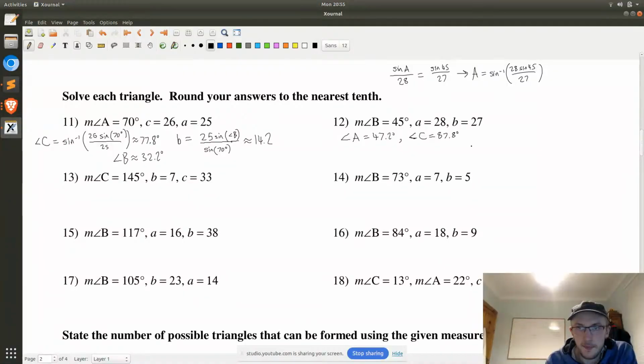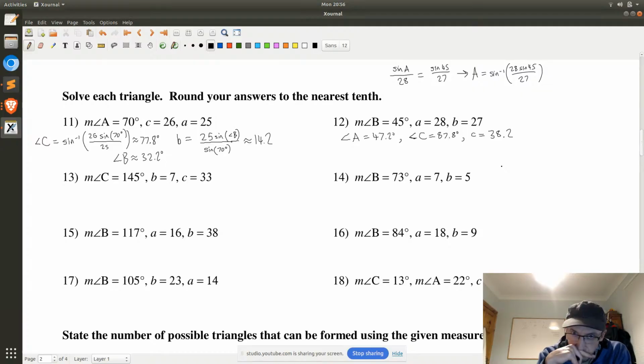That's to the nearest tenth. Then we need side C. Side C over the sine of that answer that we just obtained is equal to, use the information that we've already got. 38.2. It's one possibility.